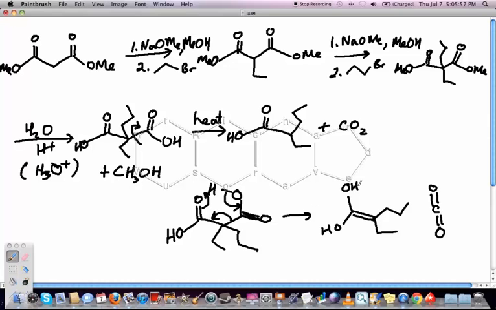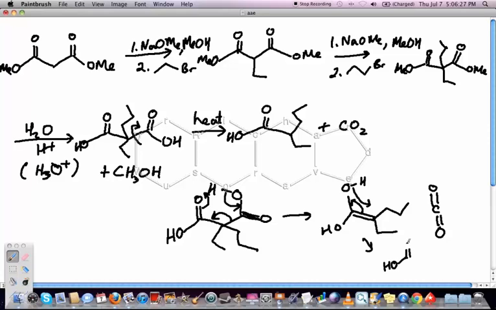And again, let me draw that out a little bit better. Draw this out with the OH bond, and you can see that we can again form the carboxylic acid, which is our product.